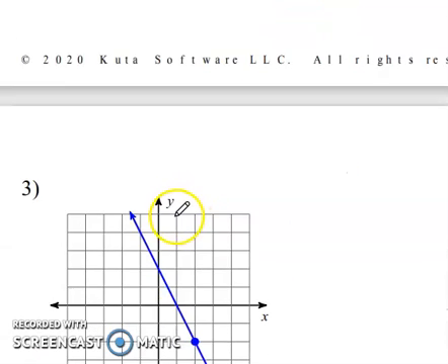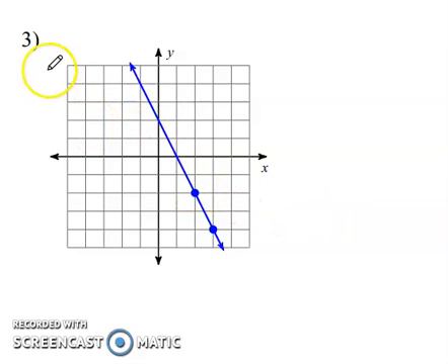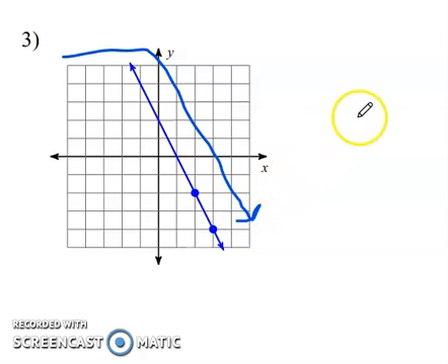Okay, let's look at another one. This slope is negative, because if I'm riding my bike, I'm going to go down the hill. Okay, slope is rise over run, so y over x. I'm going to connect my points just so I can visually see.